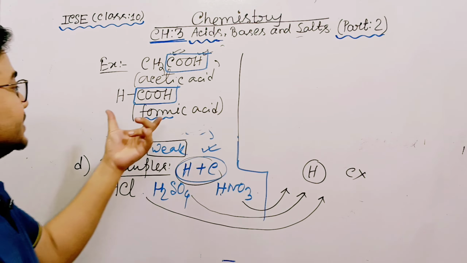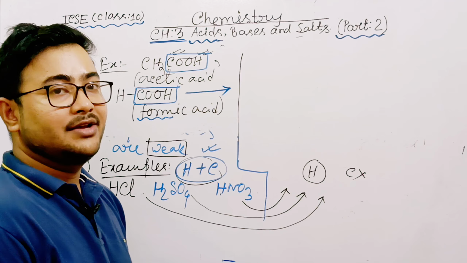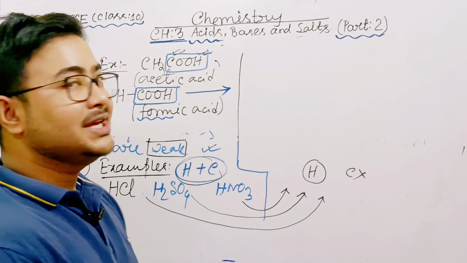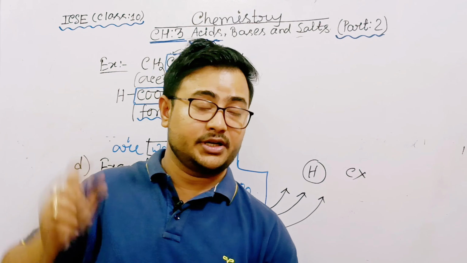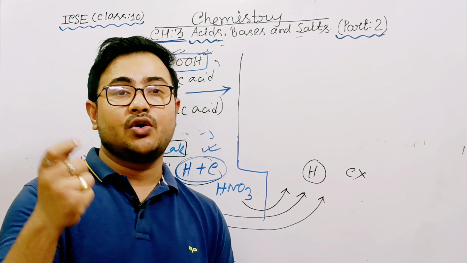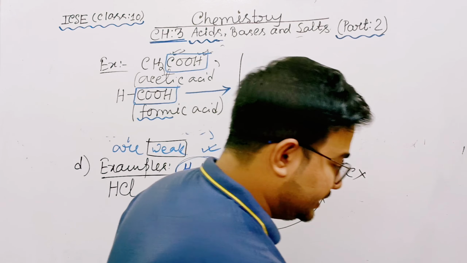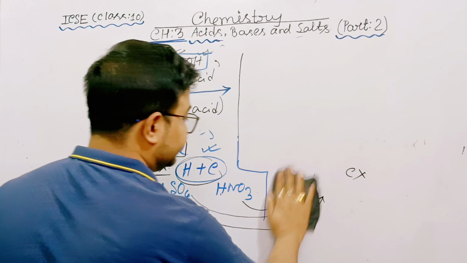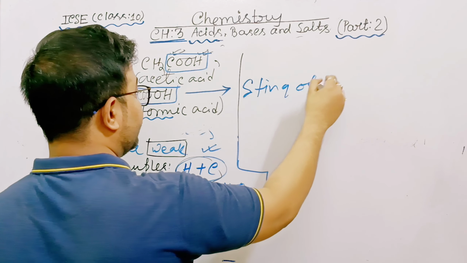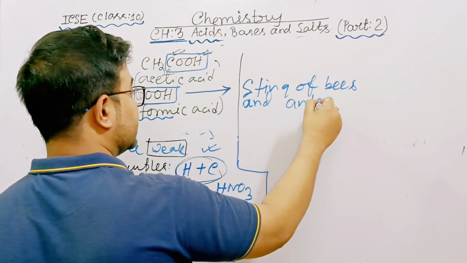Now this formic acid, what is the source? I already told. Organic acid available in the plants generally, nature, plants or animal. Formic acid available, you can write, important. Formic acid are available in the sting of the bee or the ants. Okay, so formic acid available in the sting of bees and ants.